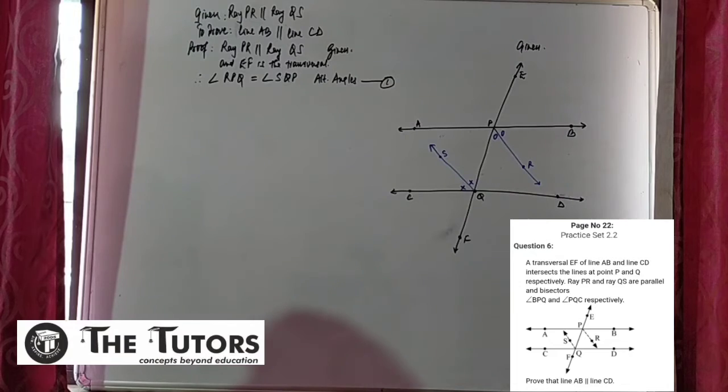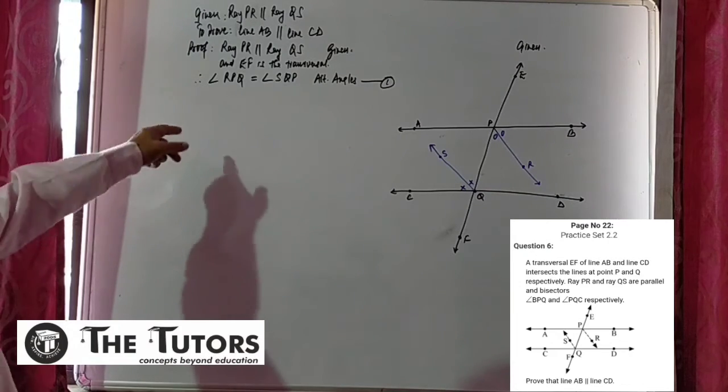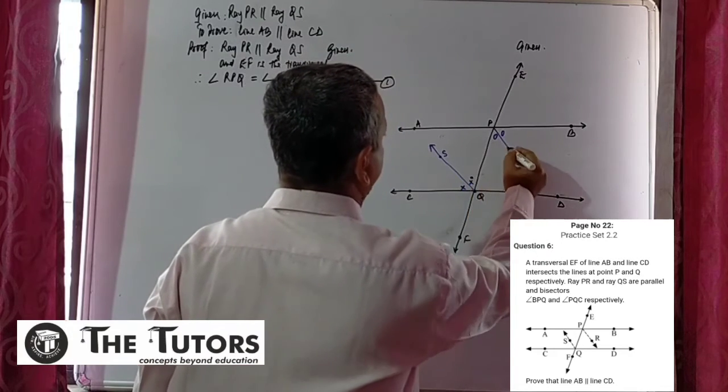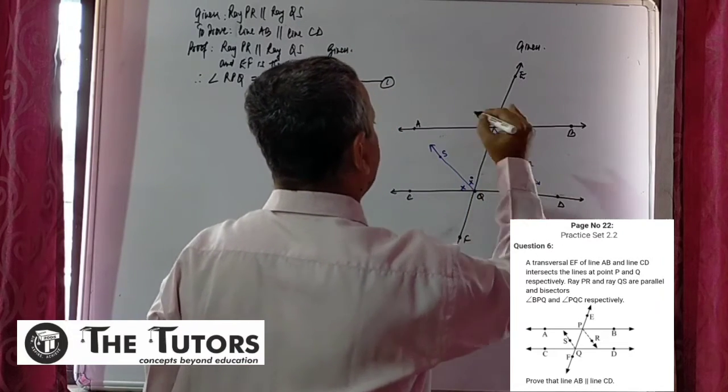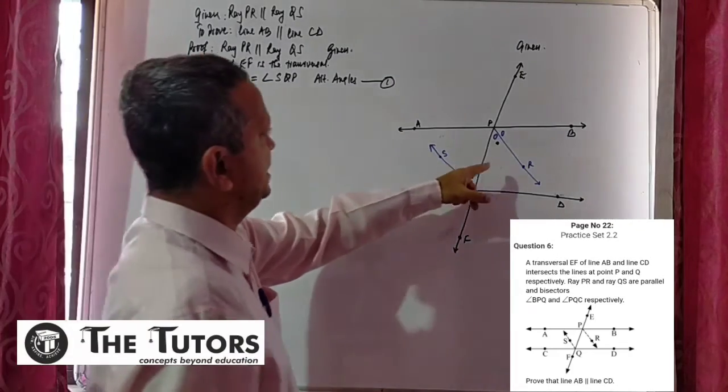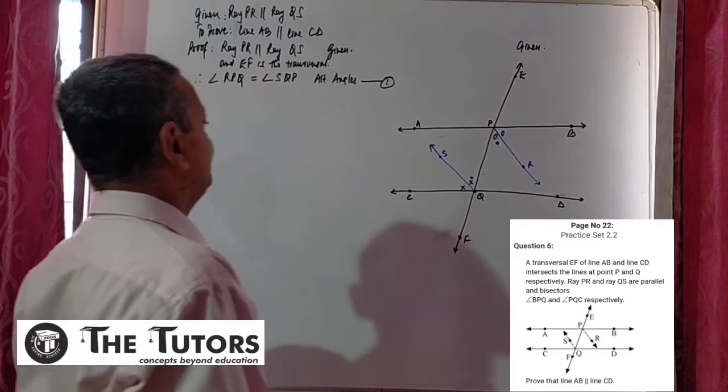Fine. Part 1, these two became congruent because they were parallel. This ray was parallel to this ray and this was a transversal.